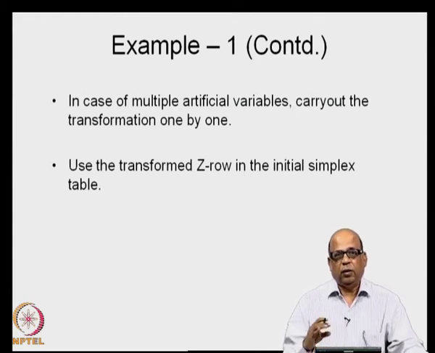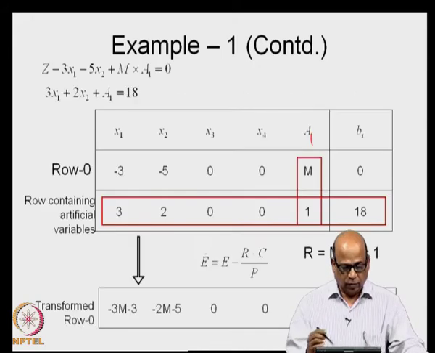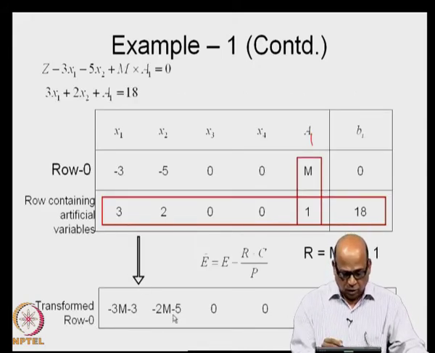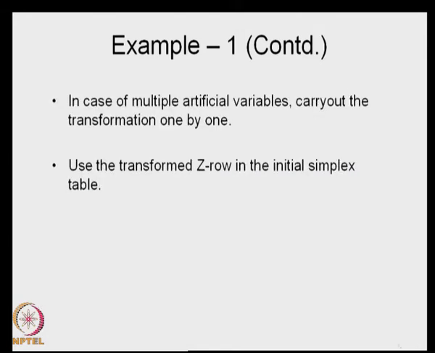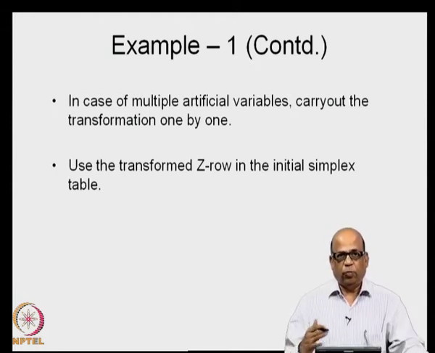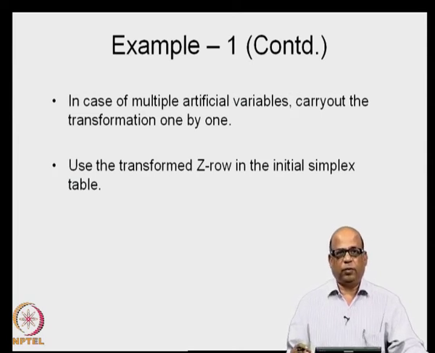In such a case, you do this transformation one at a time. That means we took this row, and you got a transformed row. Then on this transformed row, you take another row containing artificial variables and redo the transformation, and so on, until you exhaust all the rows containing artificial variables. And then we use the transformed z row, or transformed row 0, in the first simplex table.